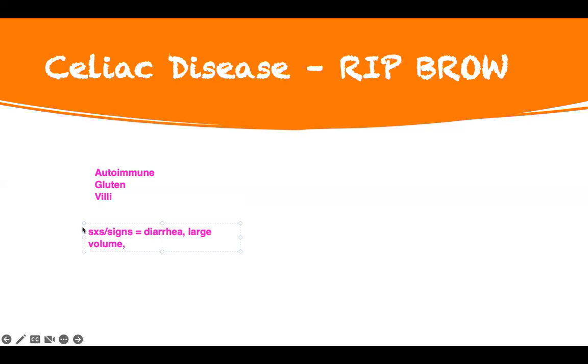And because I cannot absorb anything, and most of it is fat, if there's too much fat in your stool, you get foul smelling diarrhea. And since there's too much fluid, basically food in the bowel, they get bloated. And then with the bloating, they get crampy abdominal pain.